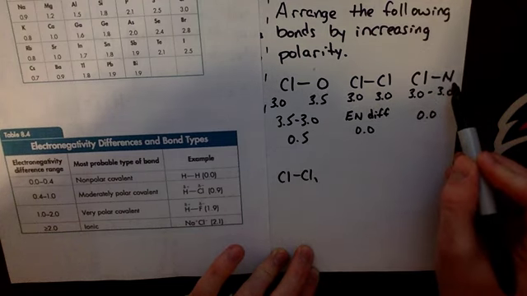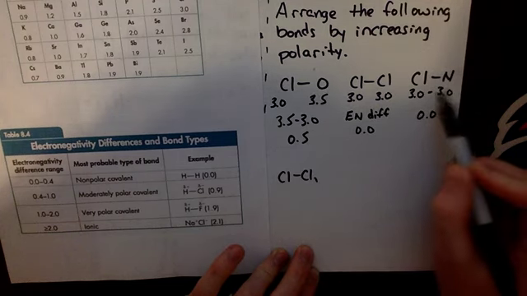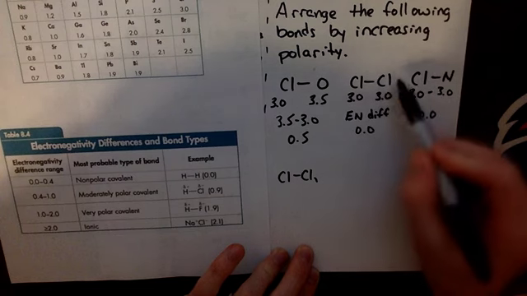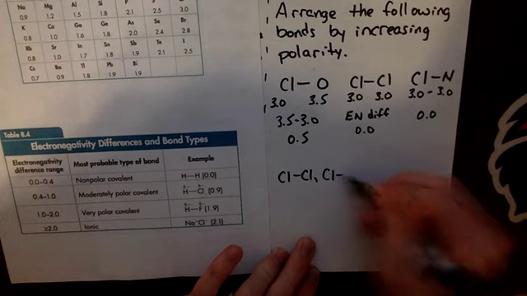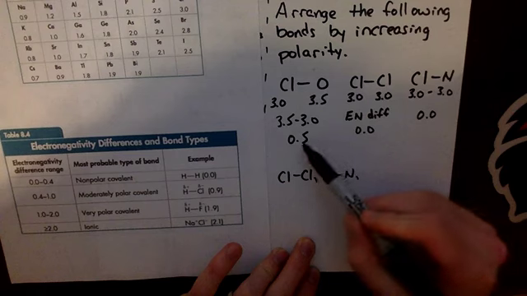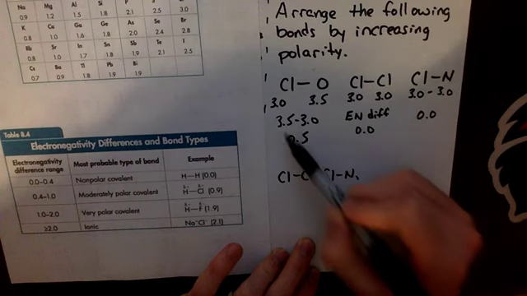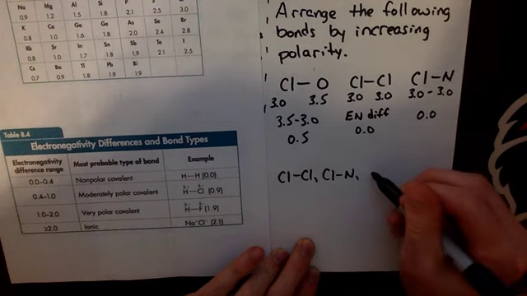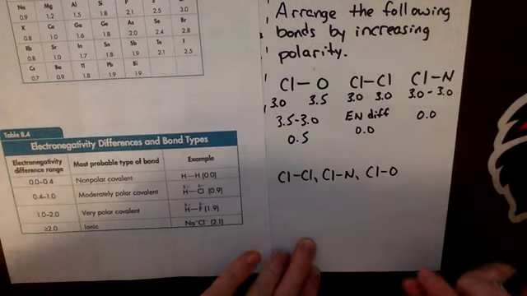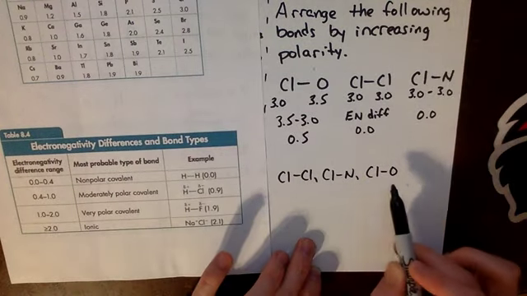This Cl to the nitrogen bond looks like it's nonpolar, but it is going to be at least more polar than a chlorine-chlorine. And then without a doubt, the chlorine-oxygen bond has the greatest difference in electronegativity, so it would be the most polar. So from least polar to most polar.